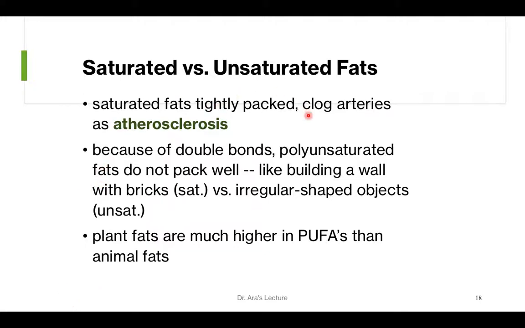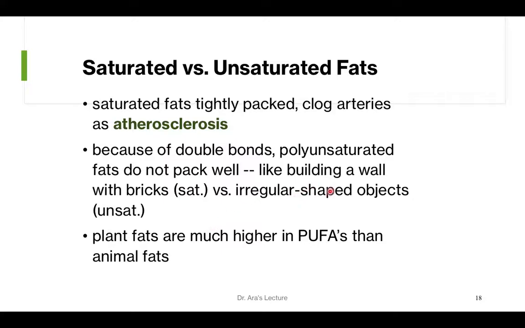Saturated fats are tightly packed and clog arteries, causing atherosclerosis. Because of double bonds, polyunsaturated fats do not pack well, like building a wall with bricks. As I said, the unsaturated fatty acids are comparatively less stable, and they cannot pack tightly like saturated ones.